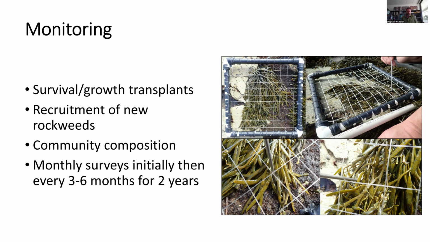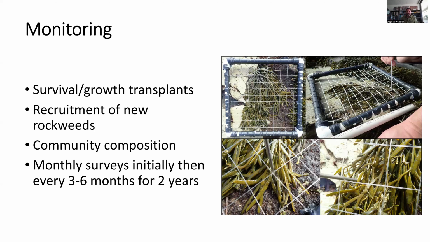We marked each of those plots with stainless steel hex bolts in each corner so that we could relocate them. And we transplanted 4 Silvetia individuals in each, generally in a single clump within each of those plots. And we found that by clumping the individuals together, that enhanced survival as opposed to just having them spread out.